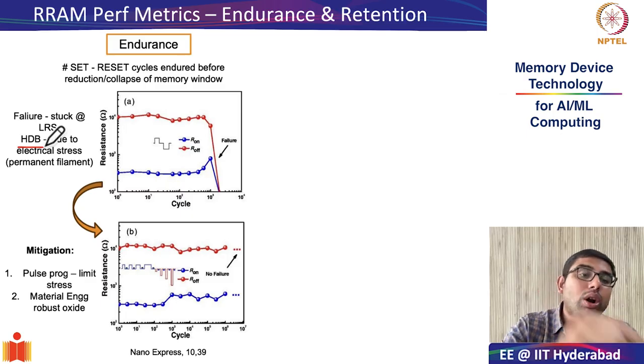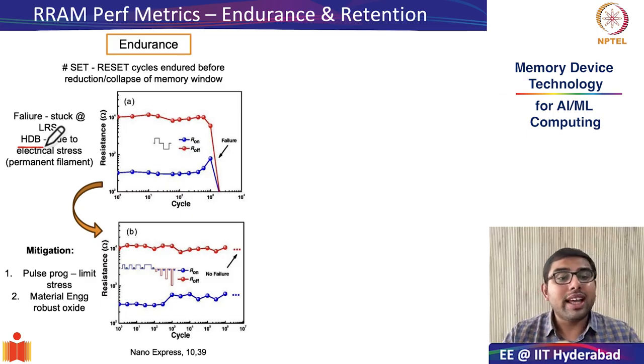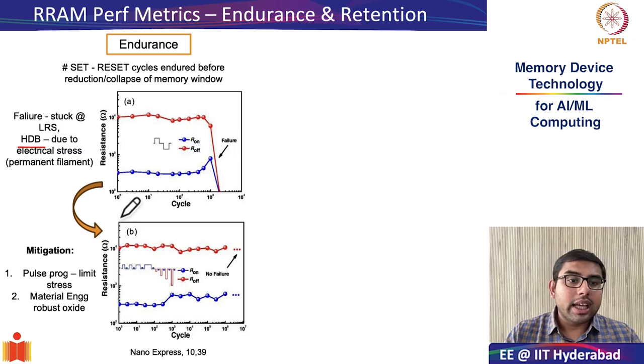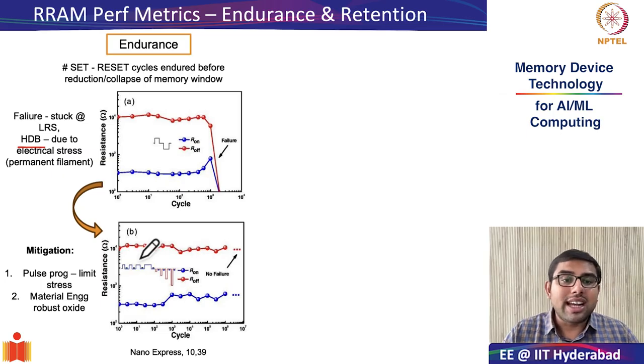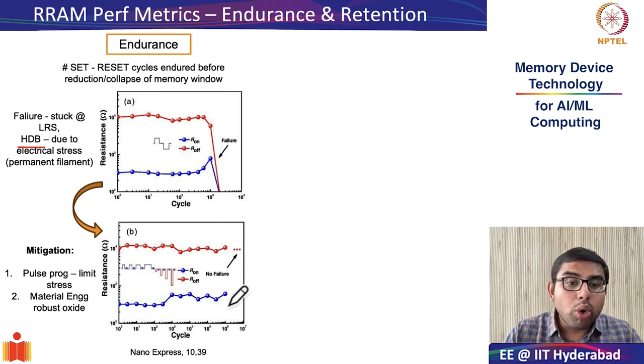Mitigation strategy here also could take the form of either pulse programming or materials engineering, as demonstrated in this figure. By applying smaller amplitude of pulses but a large number of pulses, you can reduce the amount of stress that the oxide encounters, thereby increasing the endurance from roughly 10 to the power of 3 to almost 10 to the power of 6.